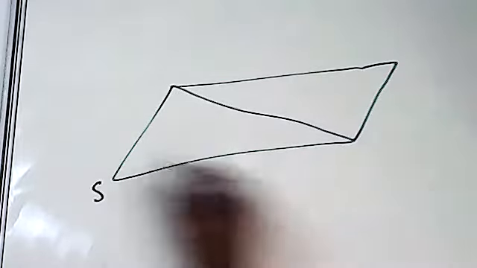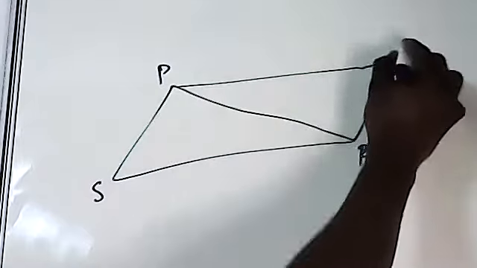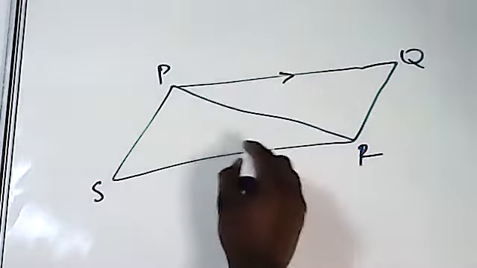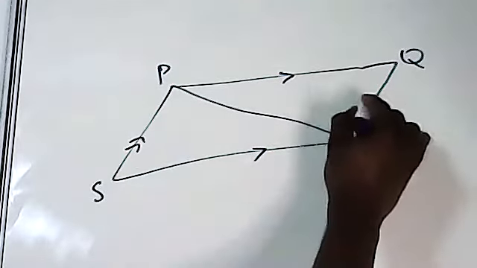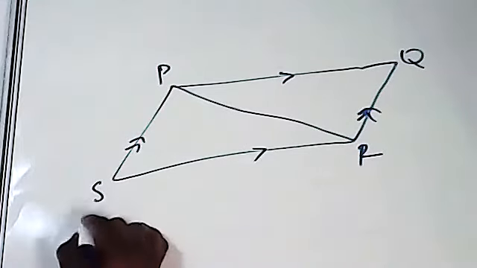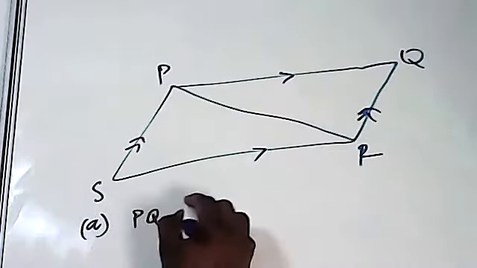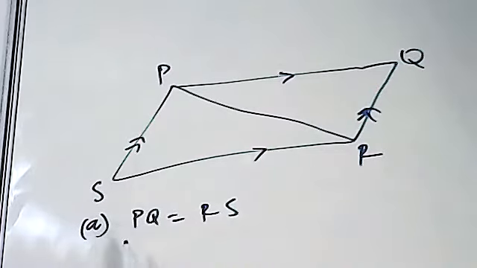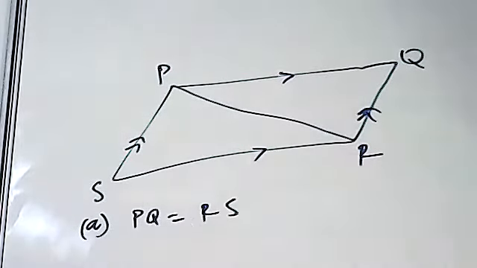And then we were told that this is S, this is R, this is P, and this is Q, right? And then we were told that these two opposite sides are parallel, even these ones, right? And the first question asked us to prove that PQ is equal to RS, right? So we're supposed to prove that PQ, this side, is equal to this side, right?